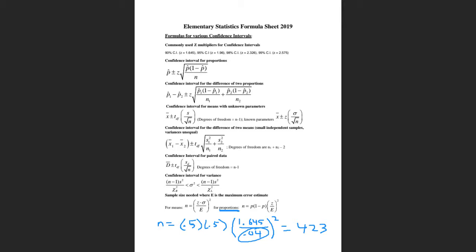You just need 423 subjects total. If you're testing for the proportion of men and women, you just need to go out and randomly find 423 people. So it can just be anything that adds up to 423.